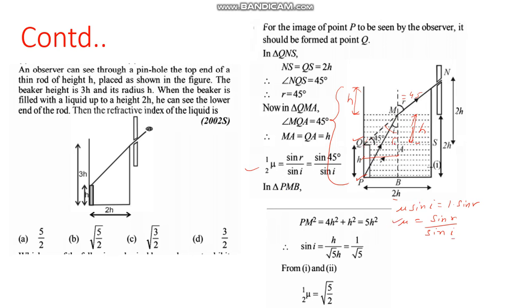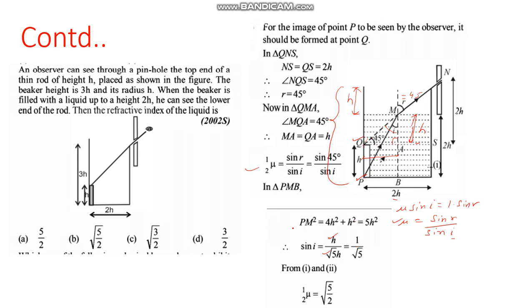For sin i, if you look at this triangle MPB, you have i, so what will be sin i? Opposite by hypotenuse. Opposite is this value PB, it is h, and hypotenuse will be, this total is 2h, so root over 4h squared plus h squared, it is root 5 h. So you are getting sin i as 1 by root 5.